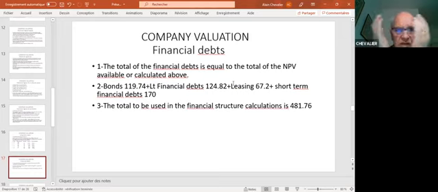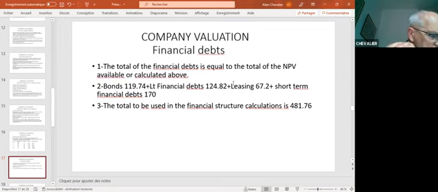We have made several calculations now on slide number 17, and we're able, in terms of market value, to calculate the total value of the debts. We make the calculation for the bonds. It is 119.74.